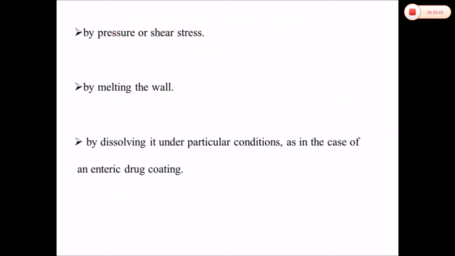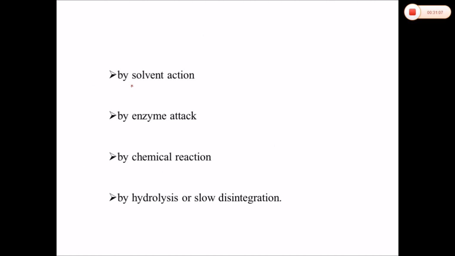So there are various release mechanisms that have been proposed for microencapsulation. First is by pressure or shear stress, by melting the wall at specific temperatures, or by dissolving it under particular conditions like pH conditions. In the case of enteric drug coating, it will release its medicament only at specific pH conditions. Then by solvent action and by enzymatic attack, as there are different enzymes present in our body.